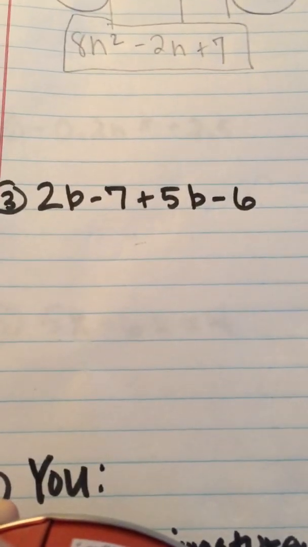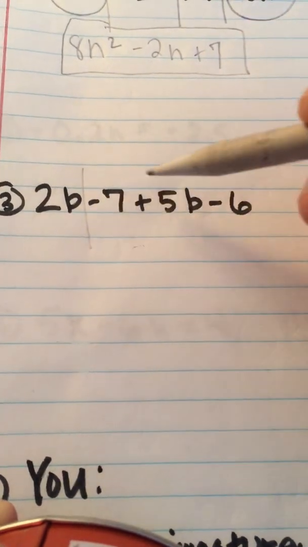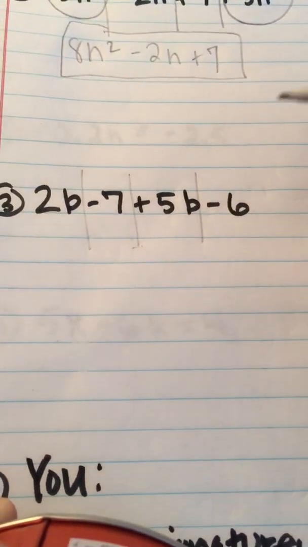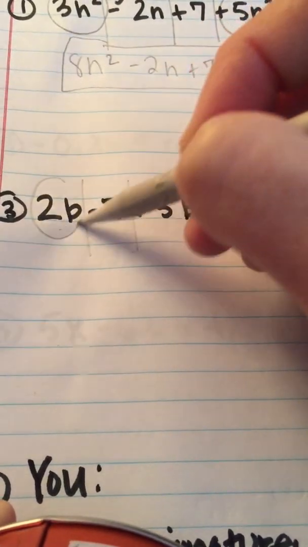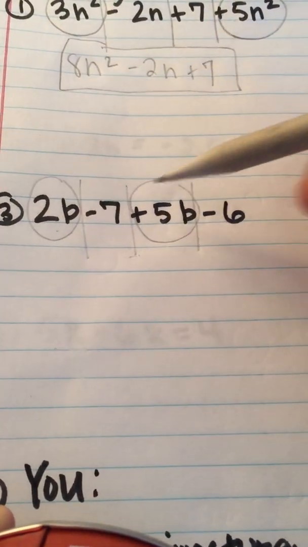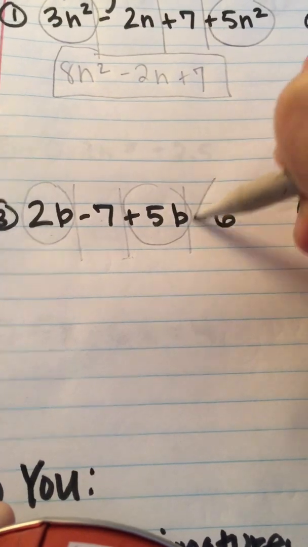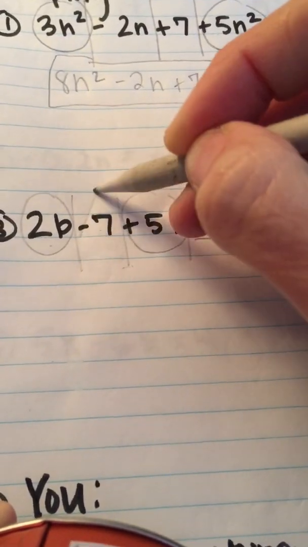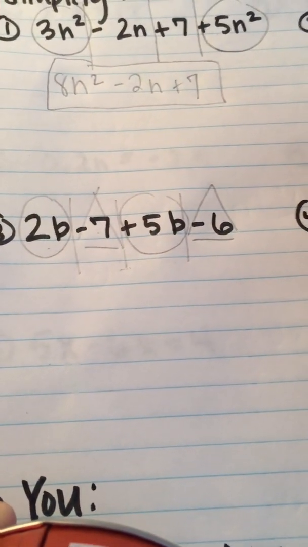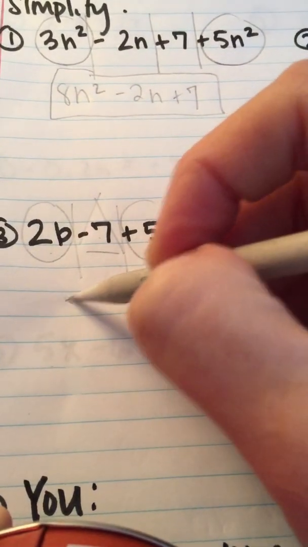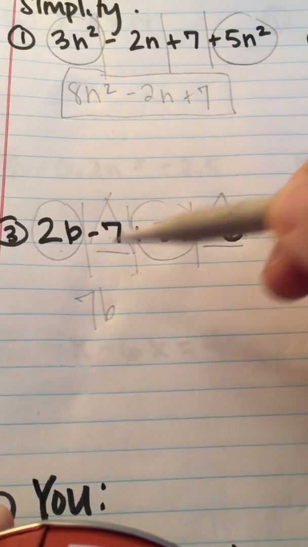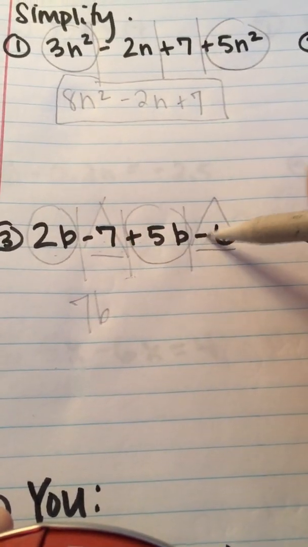Moving on to number 3. See if I can rearrange a little bit. I'm going to break this up into parts also. And I notice that I have terms with b's, so those ones are alike. And then I have terms without variables, so those ones are alike. I'll do triangles. So I have 2b plus 5b, which is 7b, negative 7 minus 6.